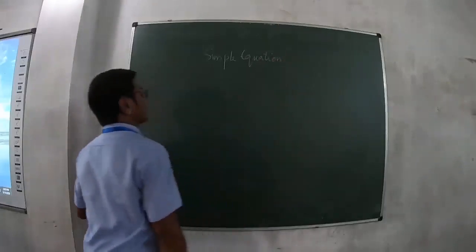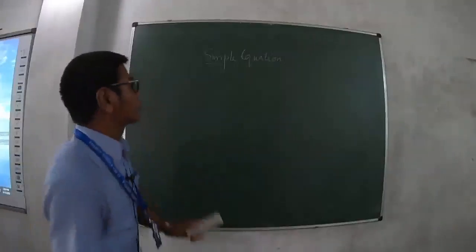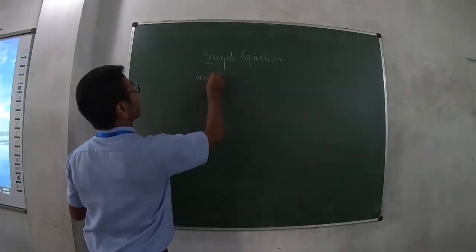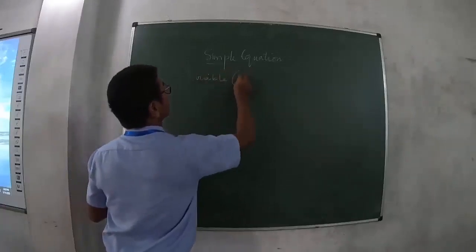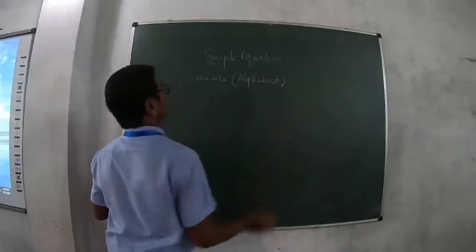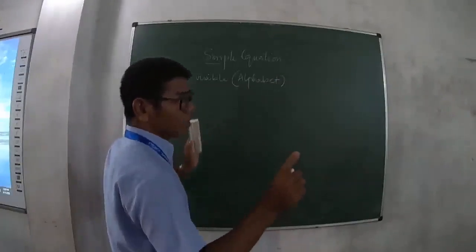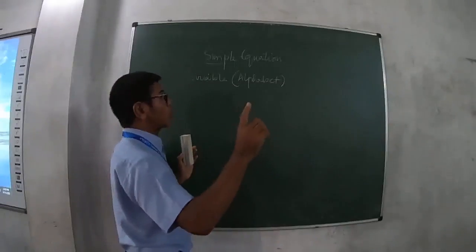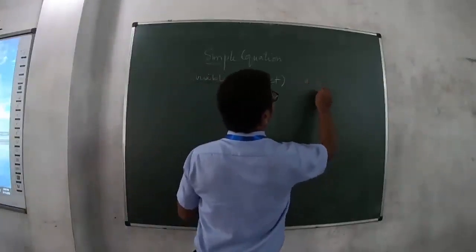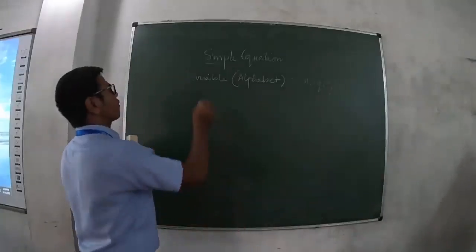So in a simple equation we have some number which is called a variable, which means an alphabet. But please make note, in a simple equation there is only one alphabet, so it is only one variable. Example: x, y, z, and so on. You will have constants.